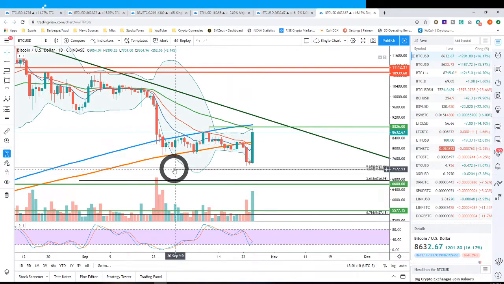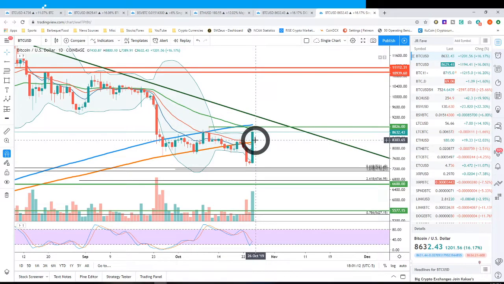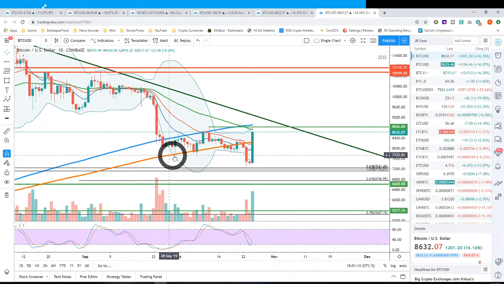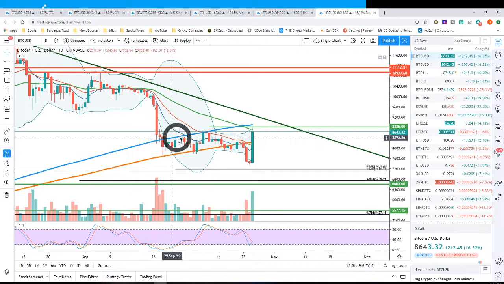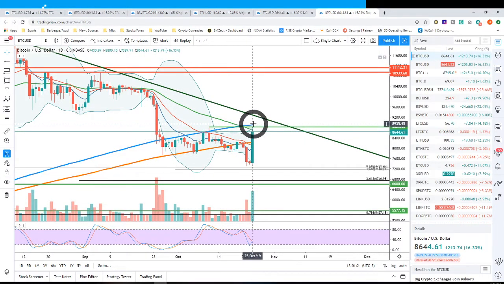So you've got the 233-day moving average in red right here. Okay, we've broken back through that. The 200-day moving average is just above right here, in blue. The upper Bollinger Band is right here.